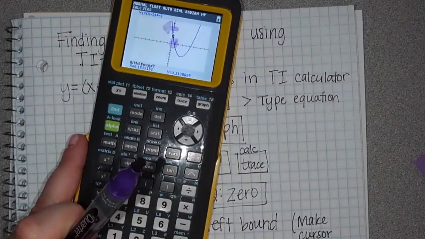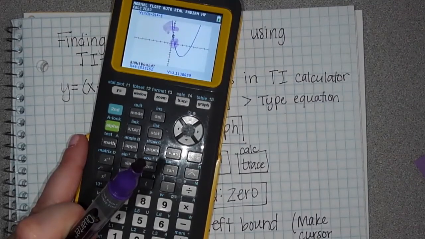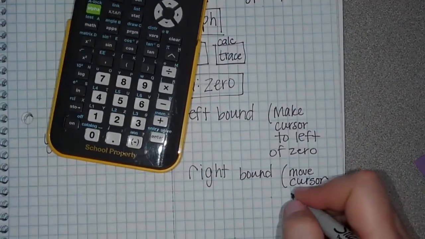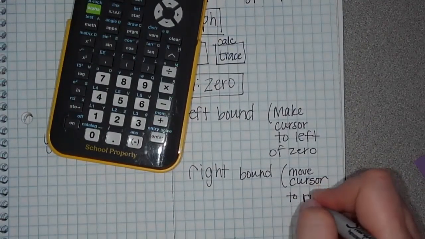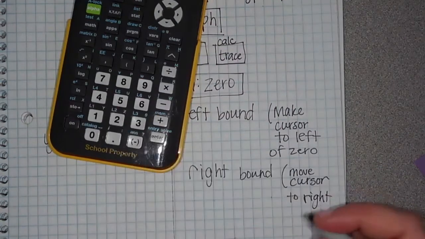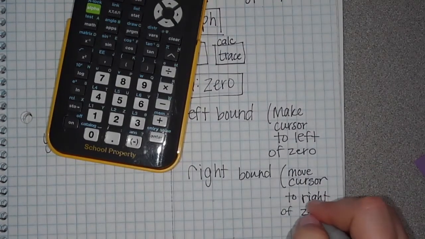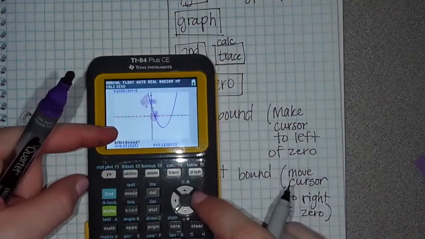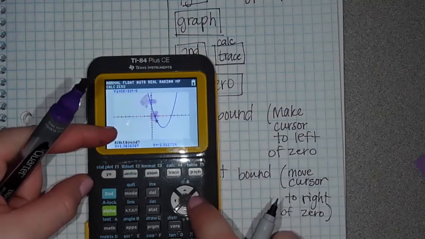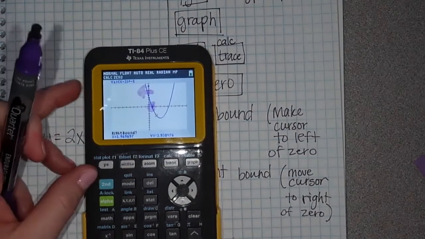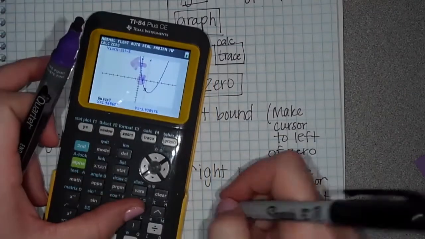So again, move the cursor to the right of the zero. Sorry, you can't see that. Okay, so now I'm going to move my cursor so that it's on the right of that zero, and then hit enter.